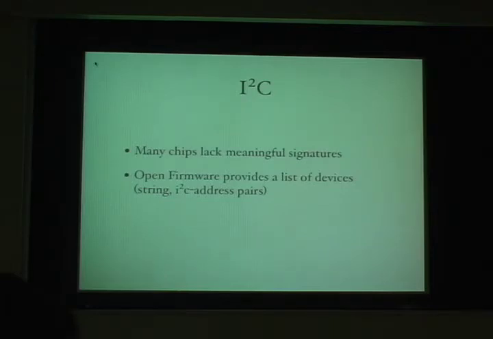And it means that it's very difficult generally to decide which device you have, because there is no standard saying which register you should look for to find which device you have. Those architectures that have Open Firmware get a list of devices as pairs of string and I2C address.